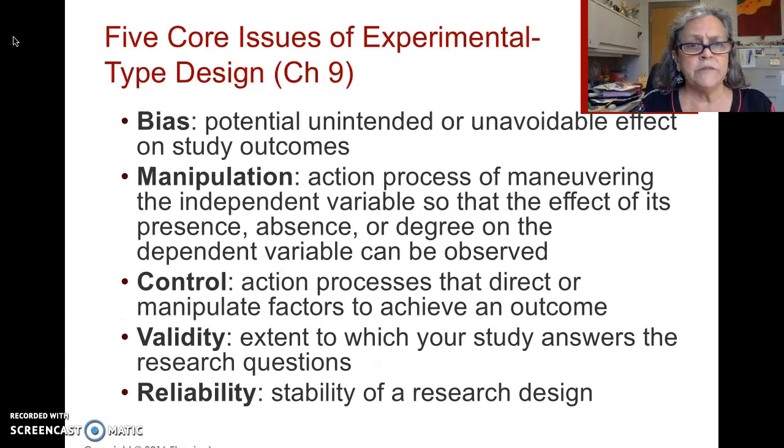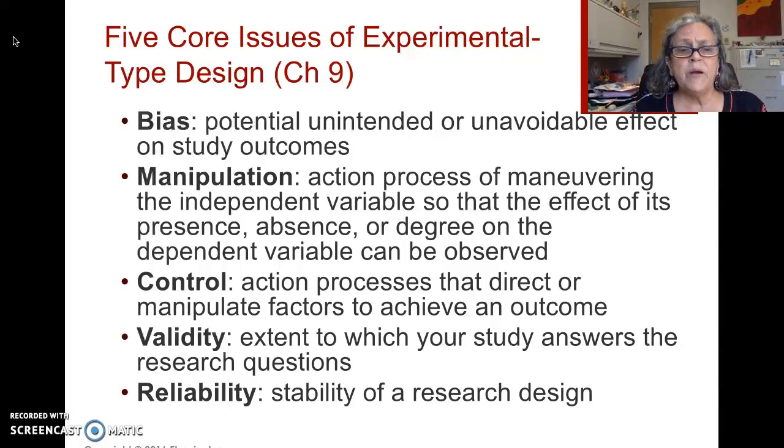So in experimental type designs, there are 5 core issues that you need to be looking for when you're examining research that's been presented. The first is, is there bias? It can be unintended and or unavoidable, but it's there. How did the manipulation occur?